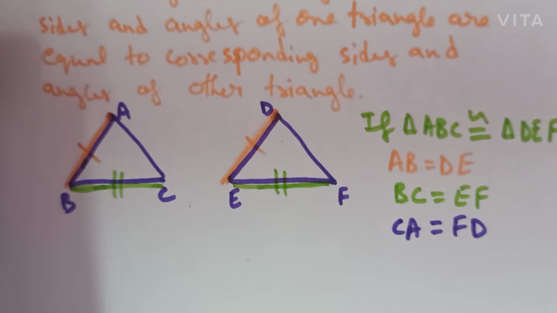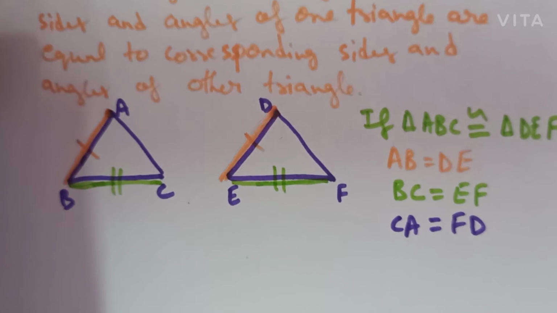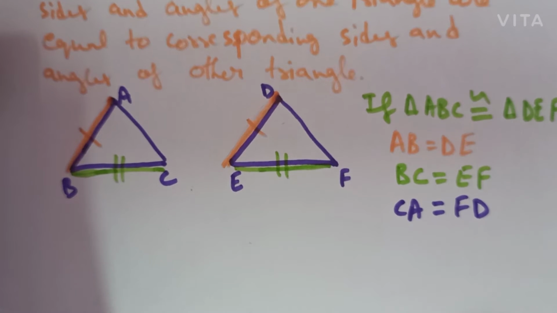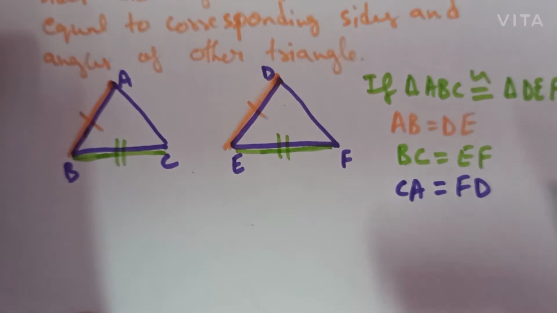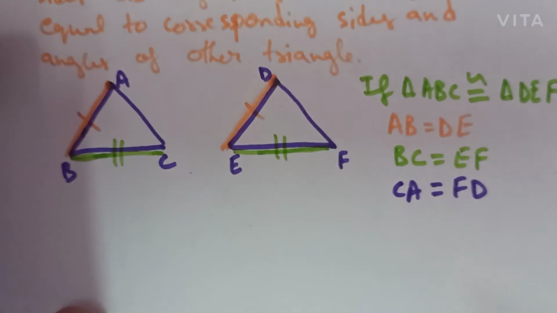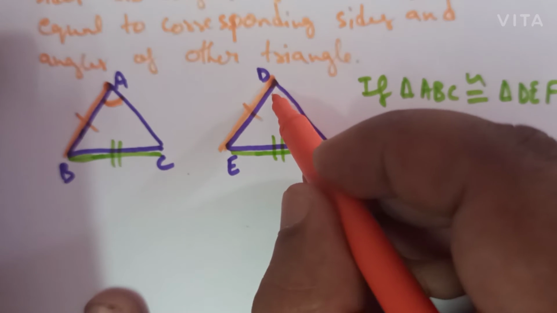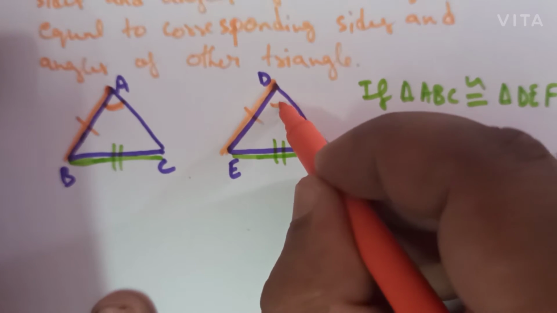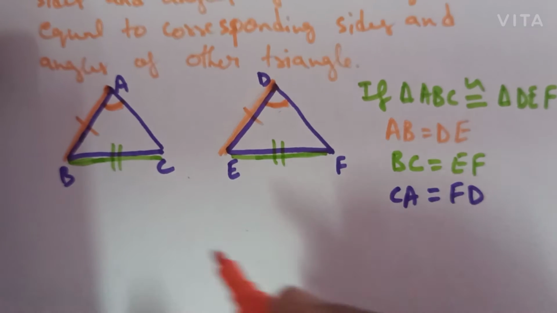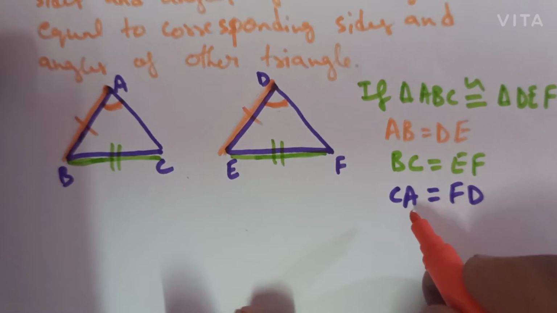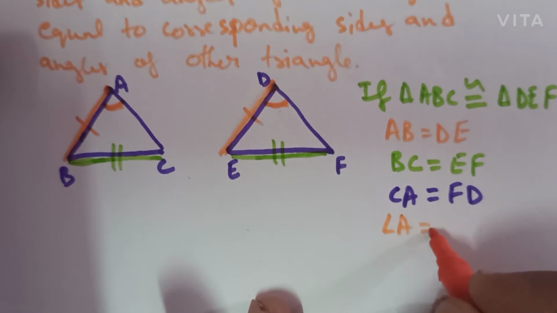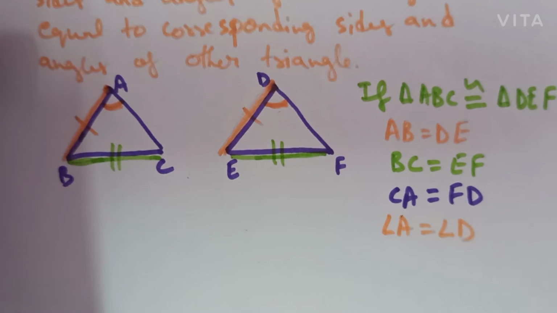Now the second thing, similar is the case with the angles. If we start from vertex A, the angle A of triangle ABC, and here we start from vertex D, will be equal to angle D. So angle A will be equal to angle D, the corresponding angle of the other triangle.